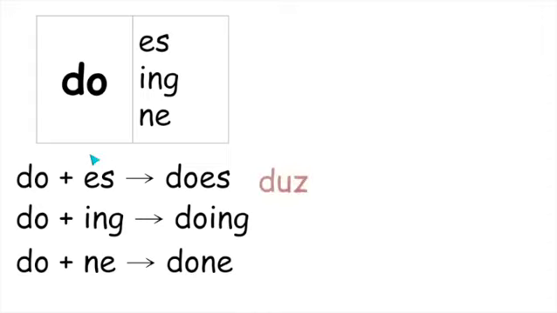If we spelt the word does as it sounds, D-U-Z perhaps, as we were reading that, we would not be able to visually see the connection to the base word that helps communicate the meaning of the word to us.